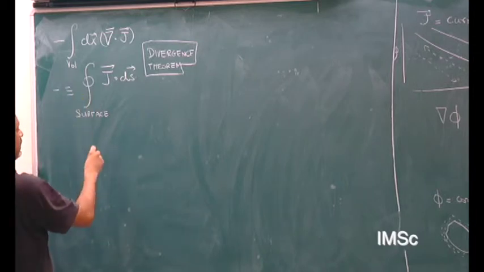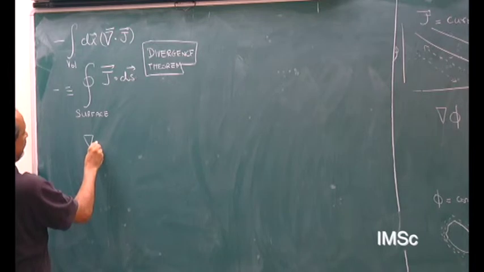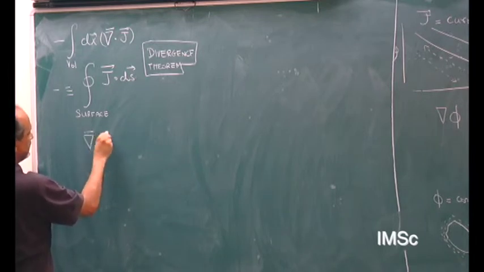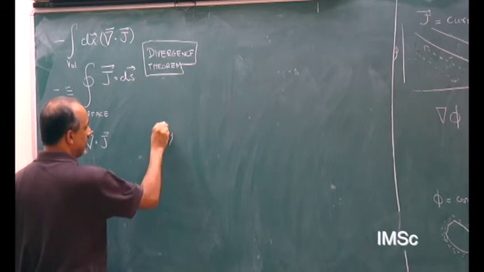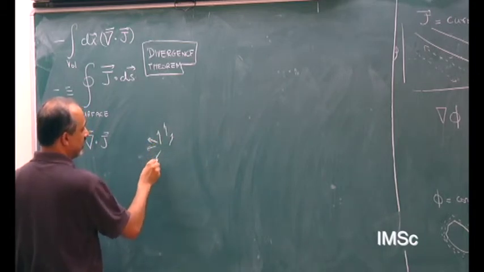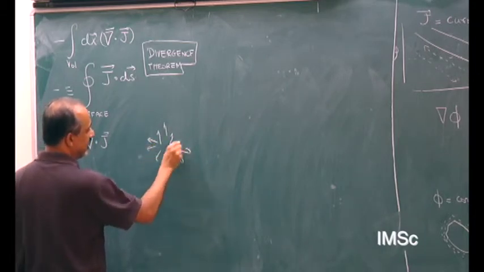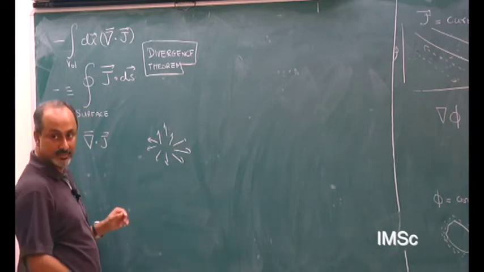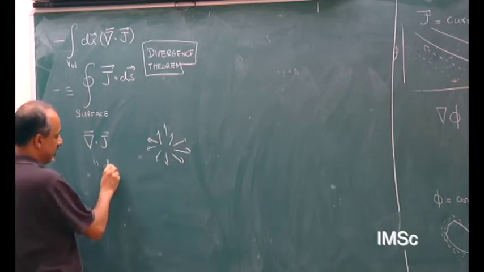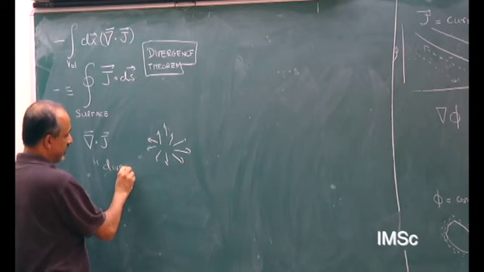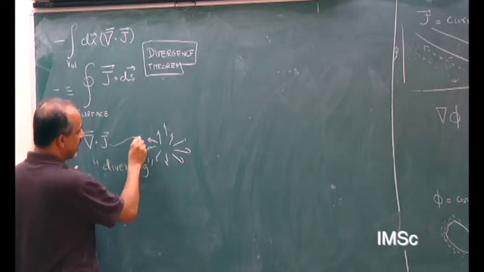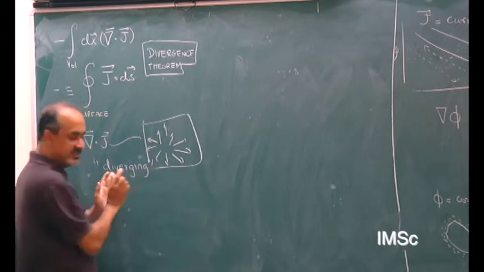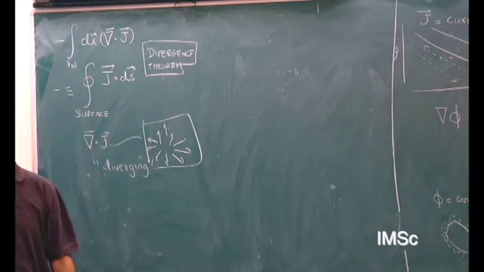Roughly speaking, what del dot j does is this: if I have a vector that is sort of diverging from a point, that's where the origin of the word divergence comes from, then this quantity del dot j measures how exactly it's moving away from that point.